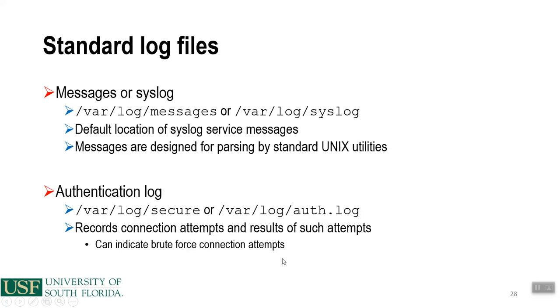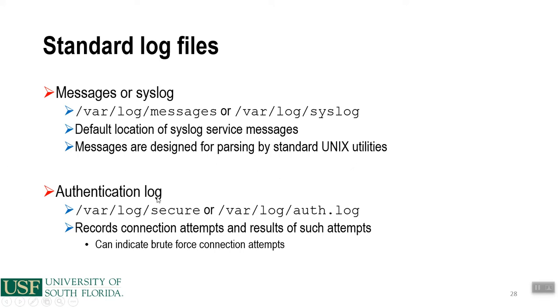Now, standard log files. We talked in the previous few slides about how we use syslogs to store logs within a particular aspect of your system. Messages or syslog is the default location for syslog service messages, and messages are designed for parsing by standard UNIX utilities.